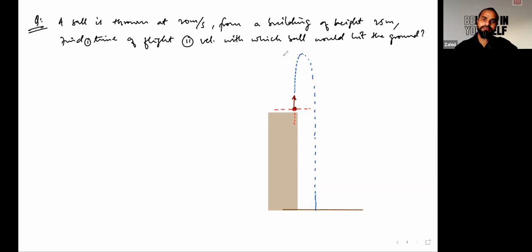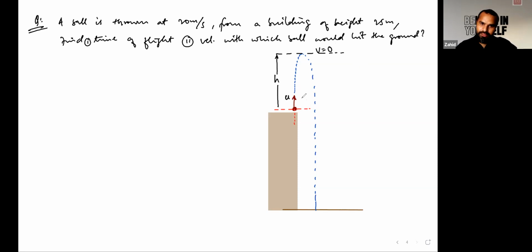So we have two different heights from this particular reference. Let's say this is your highest point. If someone asks you to find the maximum height attained by this body, it will be h in this direction from this point to this point. Velocity at its highest point would be 0.